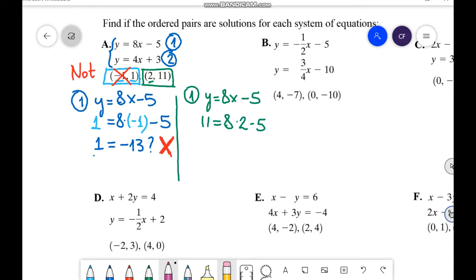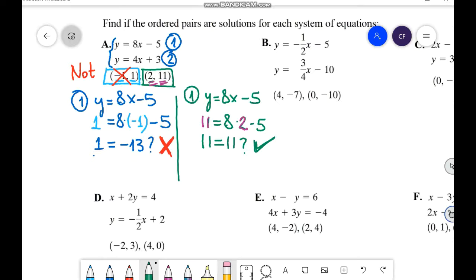This is y, and this is x. Let's check if this is a true statement. 11 equals 8 times 2, which is 16, minus 5, 11. 11 equals 11. Is this true? Yes. Nice.